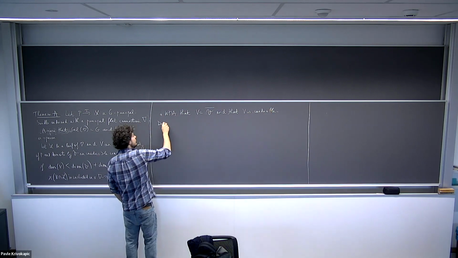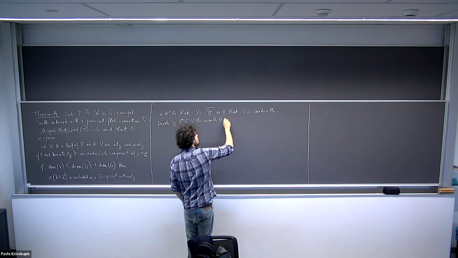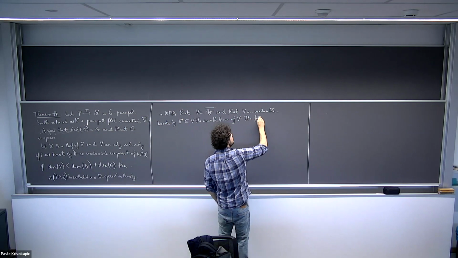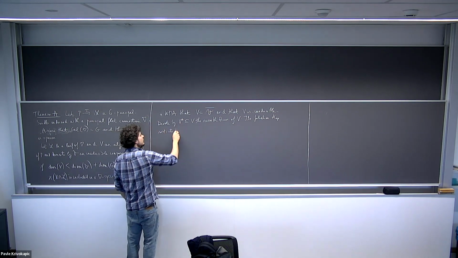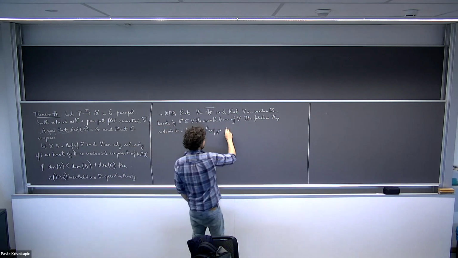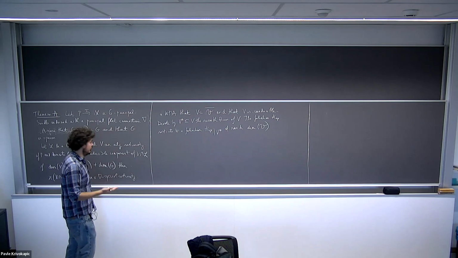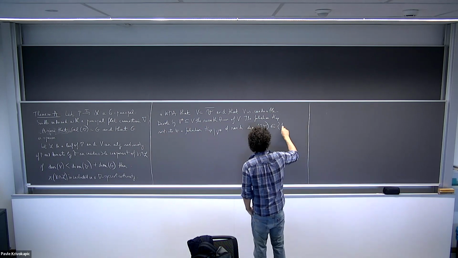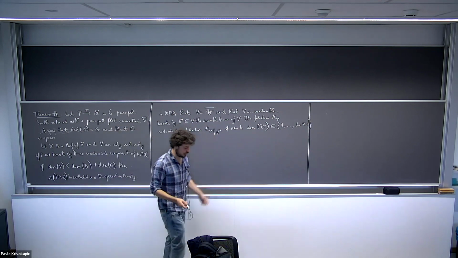Under this assumption, if we denote by V star the smooth locus of V, the foliation induced by delta, the foliation H delta, restricts to a foliation H delta included in V star, of rank the dimension of this curly V. And this foliation has a Zariski dense leaf, which is exactly this curly V. We said that we can assume that this is in 1 to dimension of V minus 1, otherwise we prove the statement. And so the goal is to describe what this foliation looks like to prove the theorem.